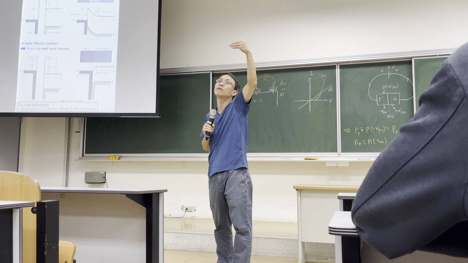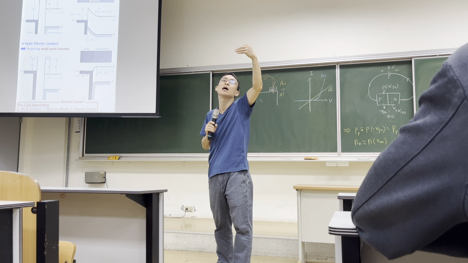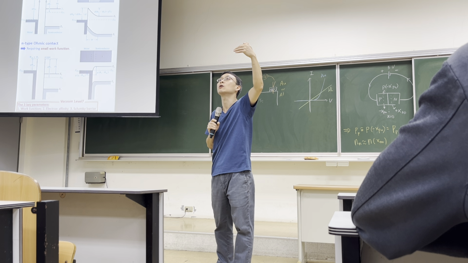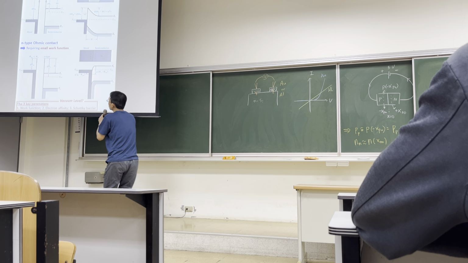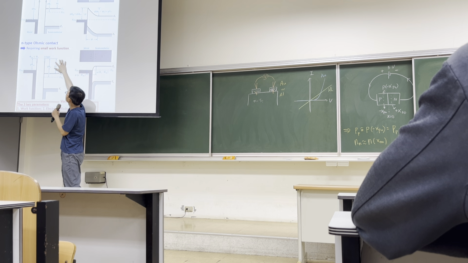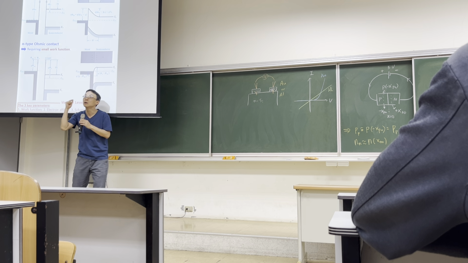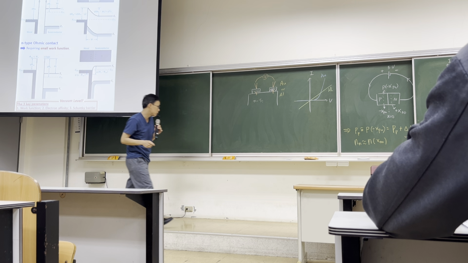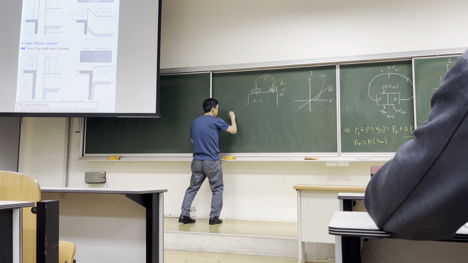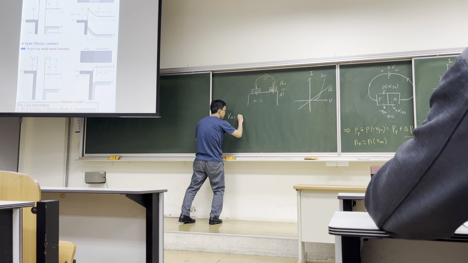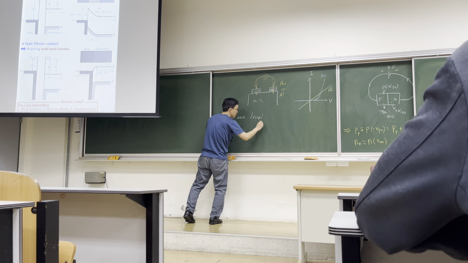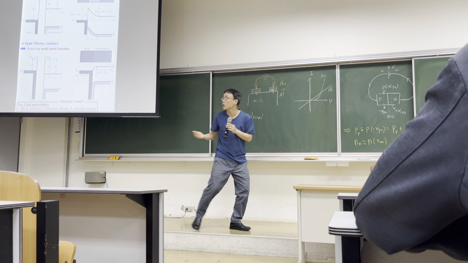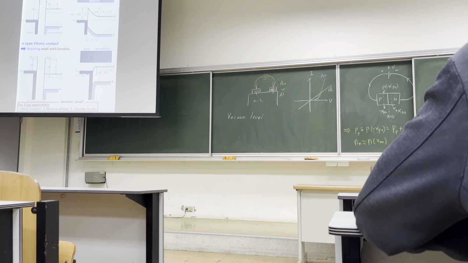So what do you mean by Fermi level? What do you mean by vacuum level? So the energy level on the top, the topmost energy level, is the vacuum level. Okay? So you can see the definition of a Fermi level. Okay?